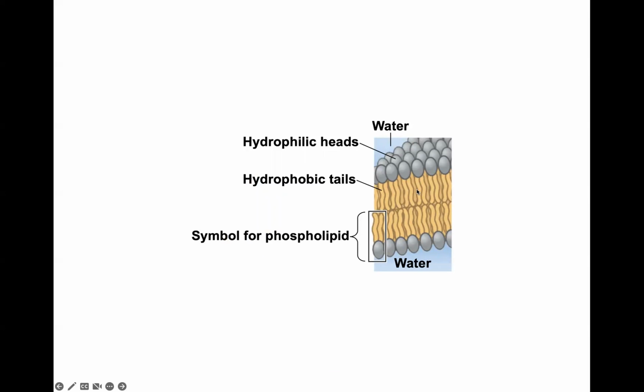If we look at a 3D structure of the cell membrane, we see this phospholipid bilayer with hydrophilic heads on the outside exposed to water, and hydrophobic tails buried on the inside. This individual structure is that of a phospholipid. You should be able to readily identify a phospholipid structure and its components: the hydrophilic head, which is polar, and the hydrophobic tails, which are nonpolar.